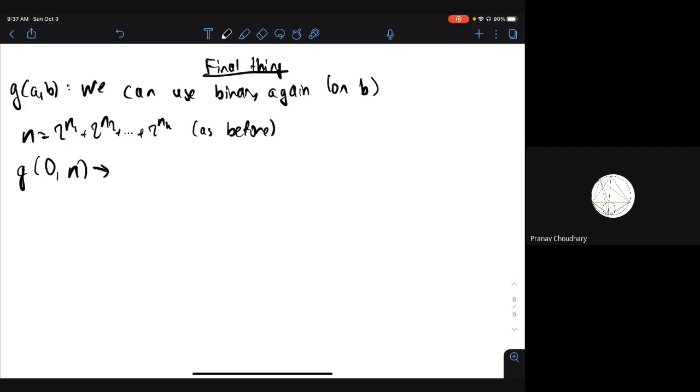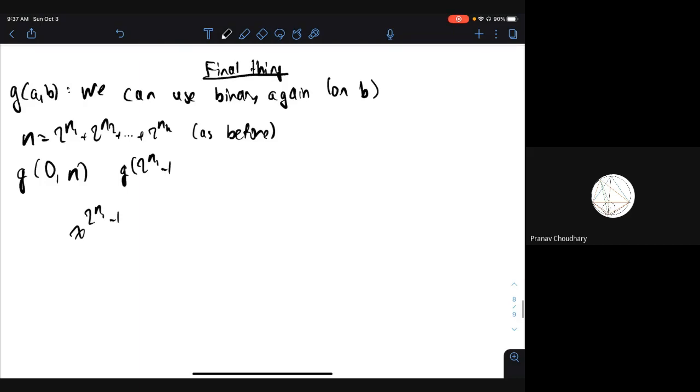So say we have 2 to the n1 minus 1, as in a factor of x to the 2 to the n1 minus 1. And just by what we had done before, you can do this fairly fast. So if you have g of 2 to the n1 minus 1, comma, n, then we do the following steps.